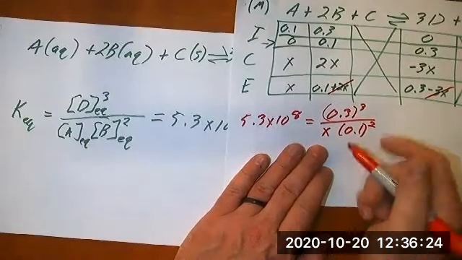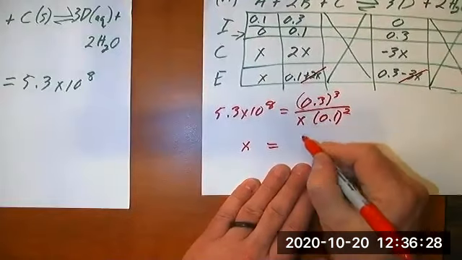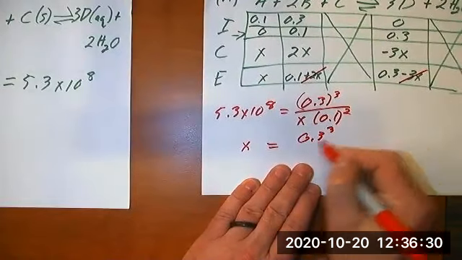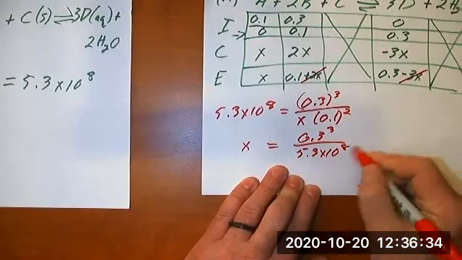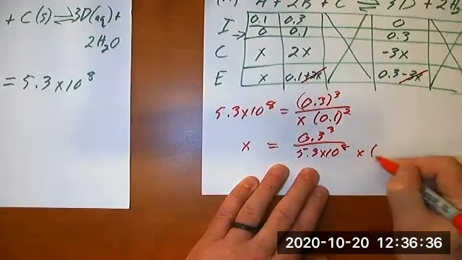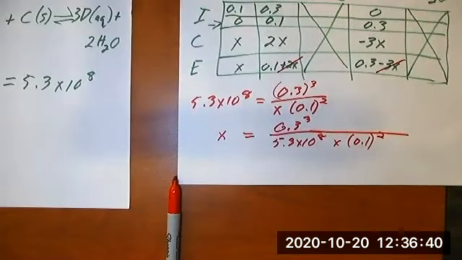Okay, so x is going to be 0.3 cubed over 5.3 times 10 to the 8th times 0.1 squared. So I'm going to put that into a calculator.